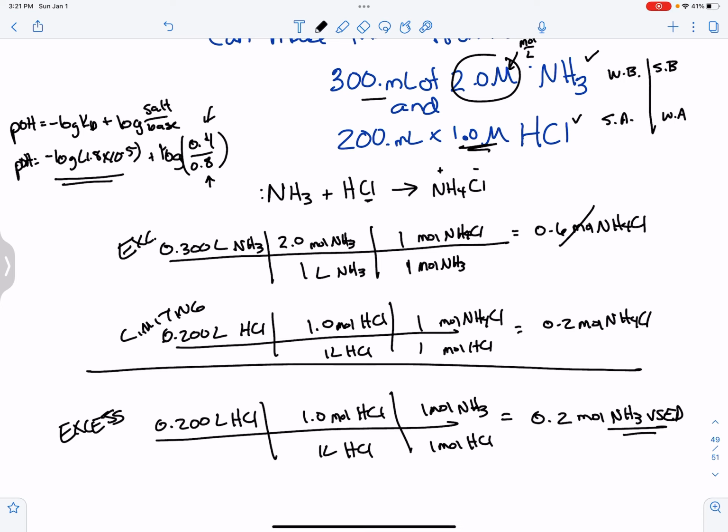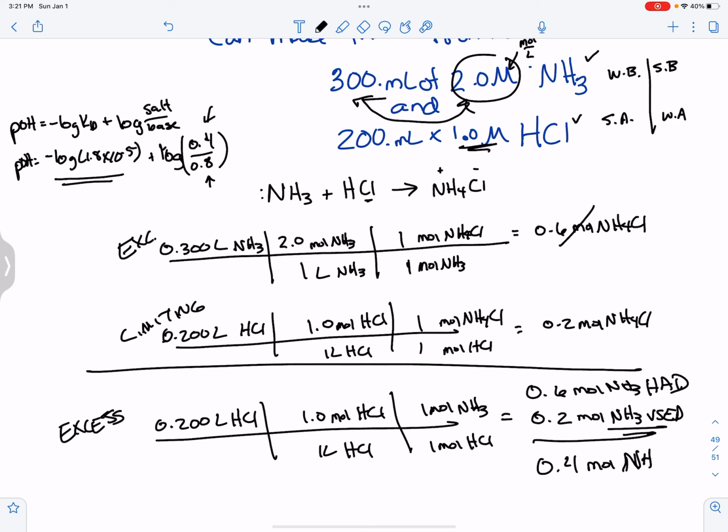How much did I have to begin with? Right here, I had 0.6 to begin with. Do you see the 2 times the 300? So I had 0.6 moles of NH3. That tells me that my difference is 0.4 moles of NH3.